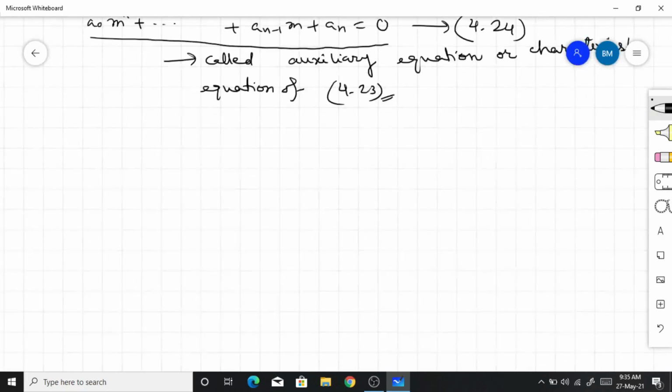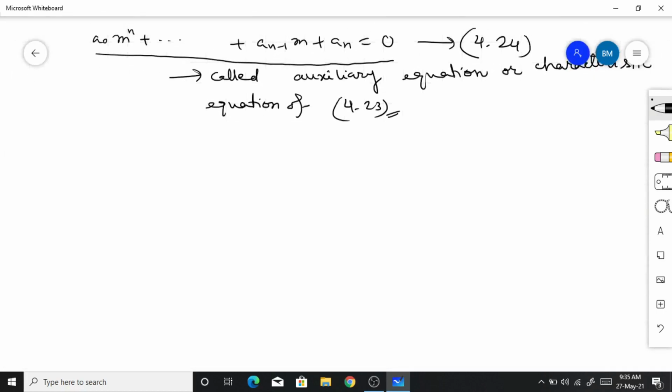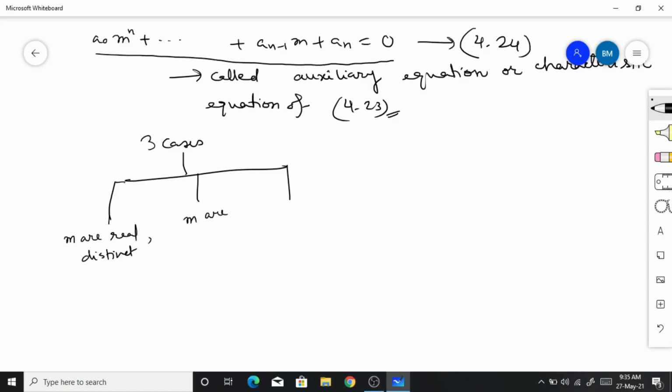So we can have three possible cases. While we solve the auxiliary equation, we may face these three situations. First, all the values of m are real and distinct. Second case may be that m are real and equal.